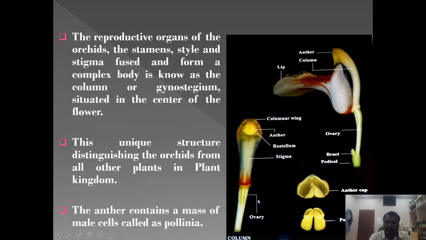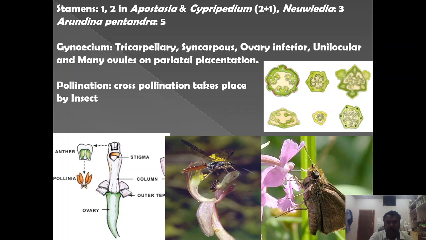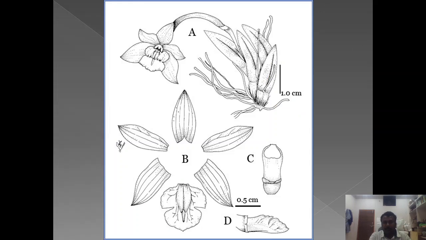You can observe here, this entire part is the column. This part is the ovary, this is the stigma and this part is the anther. The tip of the anther is known as the rostellum, which possesses the pollinia. You can see the floral parts here.